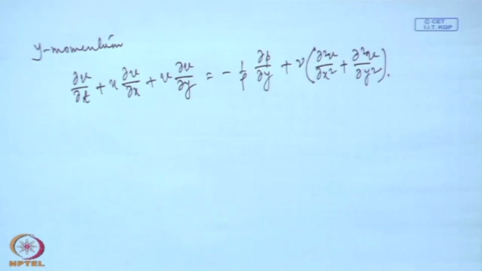Pressure, of course, we do not know anything about, so we will not make any assumption. We already have: order of u is u infinity, order of x is L, order of v is u infinity Re to the power minus half, order of y is also u infinity Re to the power minus half.